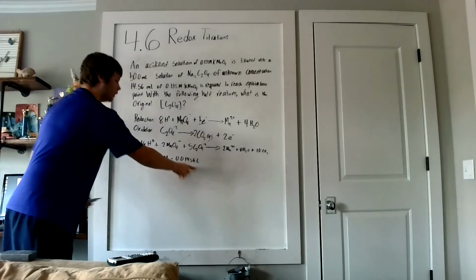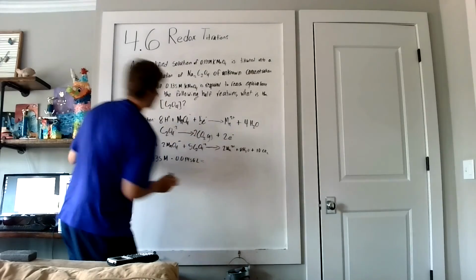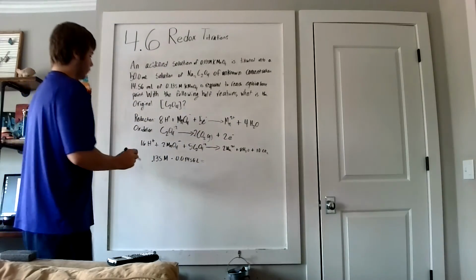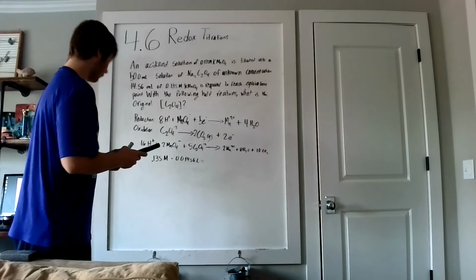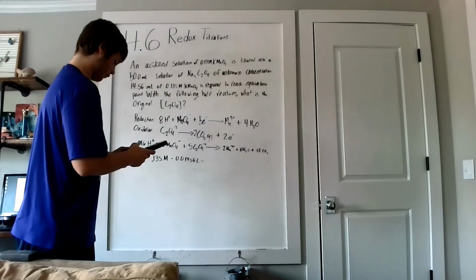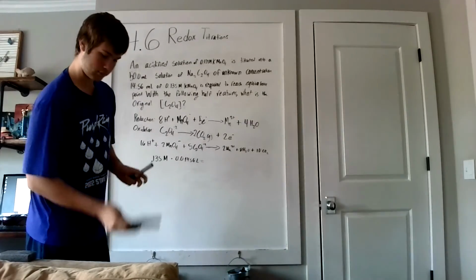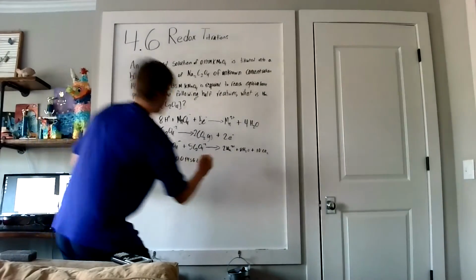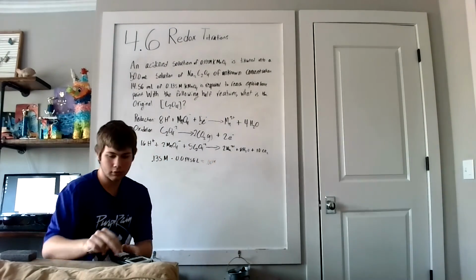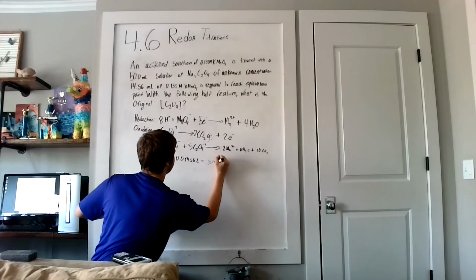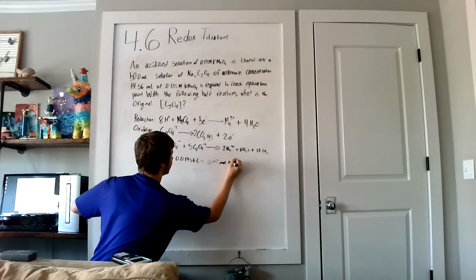So if we multiply by liters, we get moles of permanganate, which is 0.00197 mole permanganate.